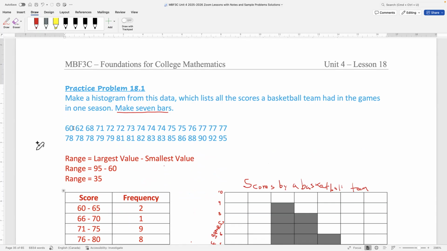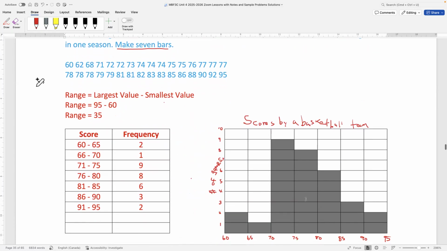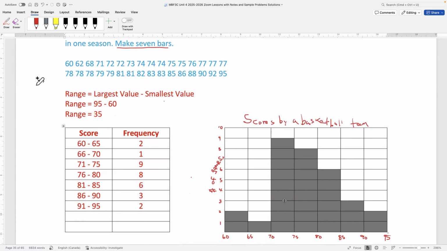If they're arranged from smallest to biggest, we can get a little bit better picture of what the graph might look like. So this one here, it's not quite normal because normal would go up and down. This one is more to the left, tails to the right.